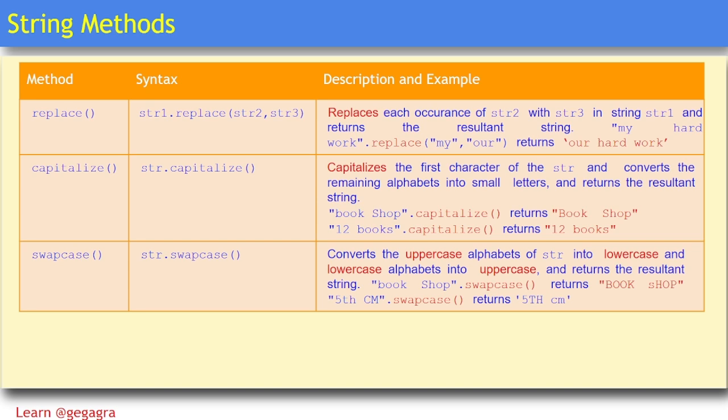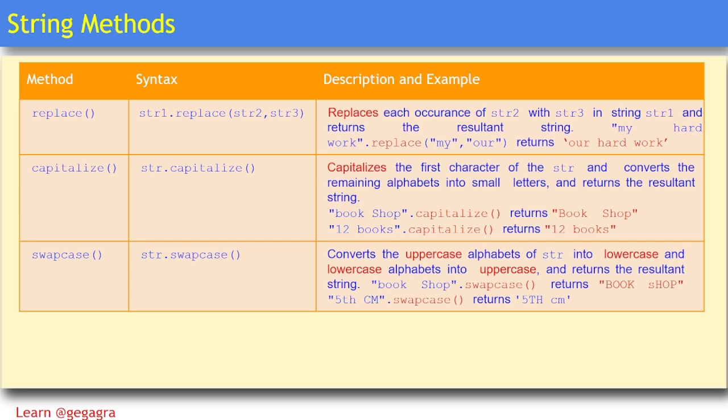Similarly, over here 12 books: since the first character is a digit, the string will remain as it is. It converts the remaining alphabets into small letters and returns the resultant string.